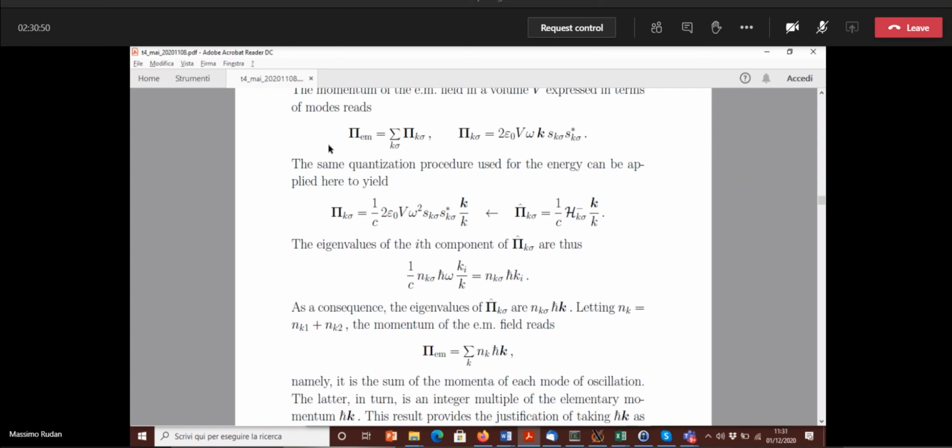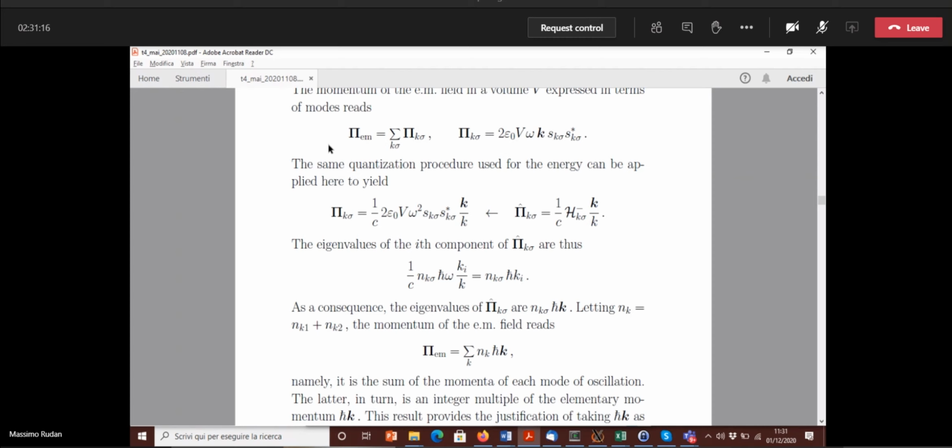Then we divide by C. And then we have the component of K. Instead of considering the vector K, we consider each individual component, Ki. But then you see that in the denominator we have Ck, and Ck is omega, so omega is cancelled.